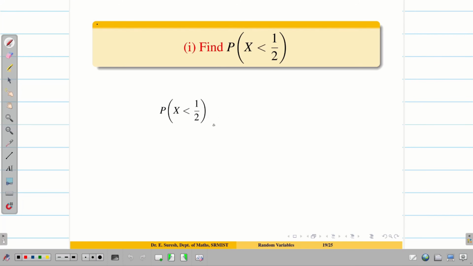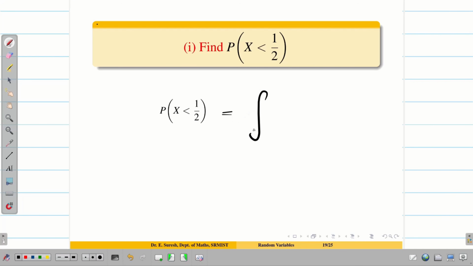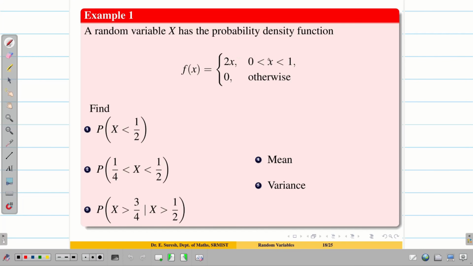First, probability of x less than 1 by 2. From the formula, integral from minus infinity to infinity of f of x dx is always equal to 1. Now they are asking to find the probability of x less than 1 by 2. Less than 1 by 2 means up to 1 by 2, from minus infinity to 1 by 2 of f of x dx. But our question says the function exists between 0 and 1 and is 0 otherwise.